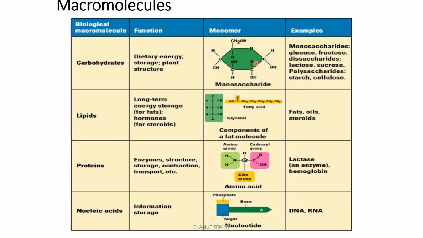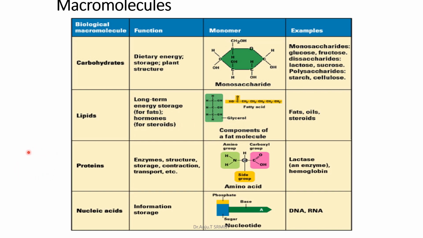A few examples: glucose, fructose, lactose, sucrose and starch. And lipids are hydrophobic molecules, the next type of macromolecule. They are usually long-term energy storage molecules. The monomeric unit, one type, is fatty acids. Examples of lipids are fats, oils, steroids and phospholipids.